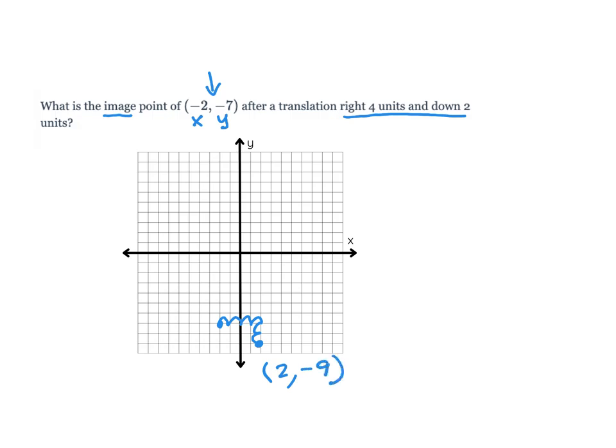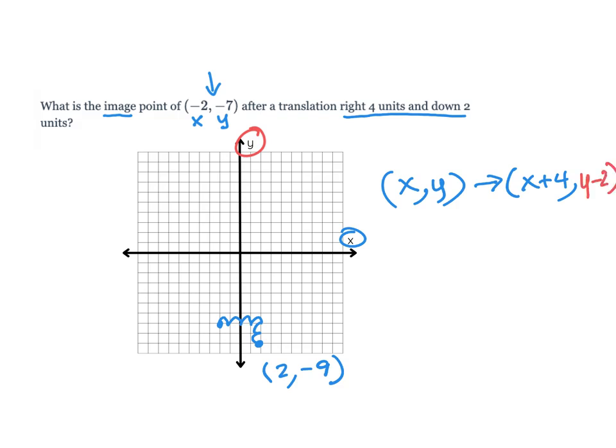As a math person, I like to write this as the math language. So x, y. It says 4 units to the right, so that means I'm going right on the x-axis, so this would be x plus 4, and down 2, so that's my y-axis. Down would be a minus, so it would be y minus 2.